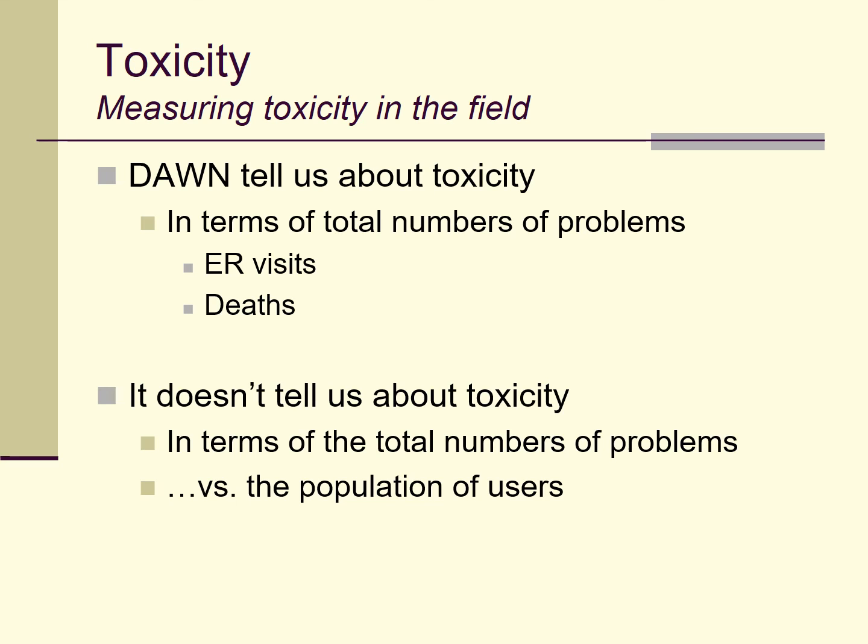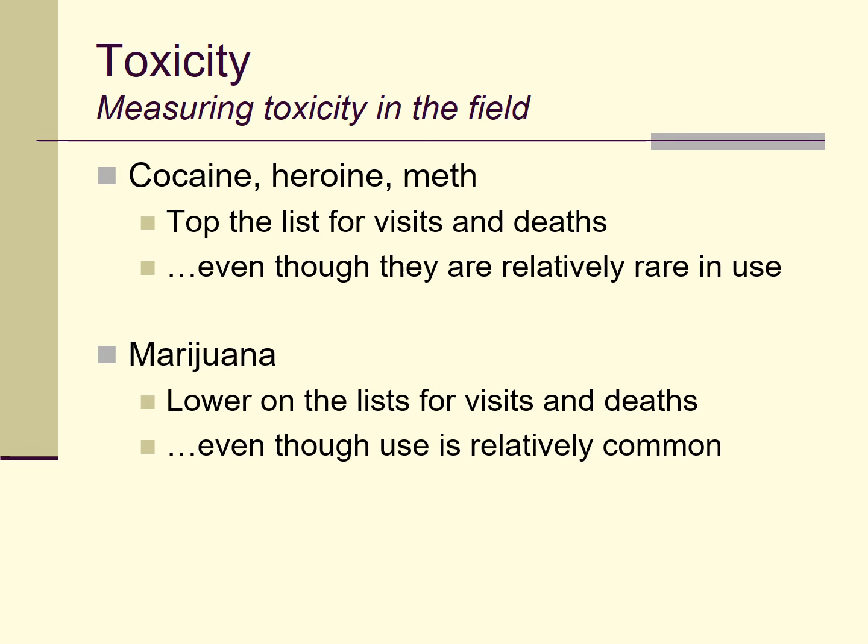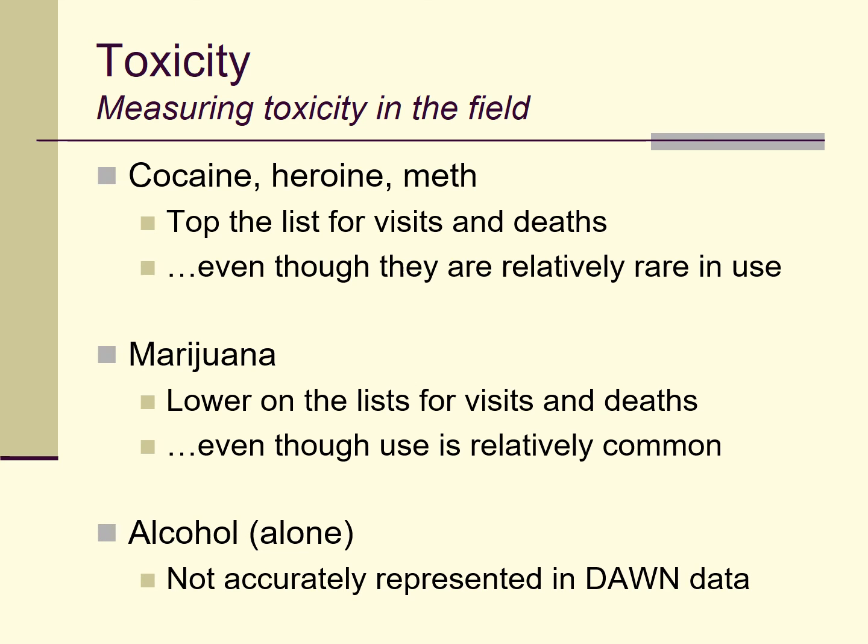I guess I've said that a few times already, but indulge me in this repetition. Cocaine, heroin, methamphetamine, they top the list of visits and deaths, even though they're relatively rarely used, thankfully. Marijuana, as an example, is lower on the list for ER visits and deaths, even though it's a relatively more common drug to use. And alcohol, at least measured alone, is just not accurately captured in the Dawn data.